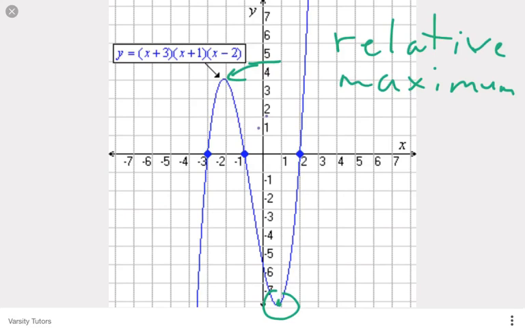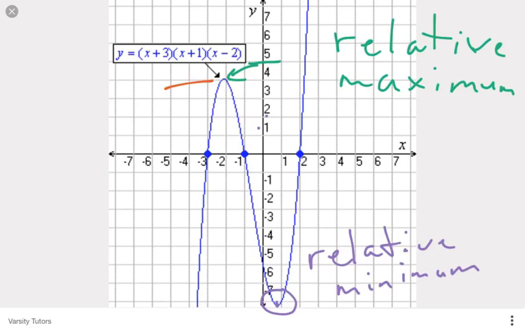But anyways, and likewise, down below here, I'll use purple. That point right there is called a relative minimum. Relative minimum. Okay? And one thing you have to get comfortable with is approximating more. Notice how the maximum, let's go back up here to this maximum, is not an exact whole number value. So you have to get used to estimating.